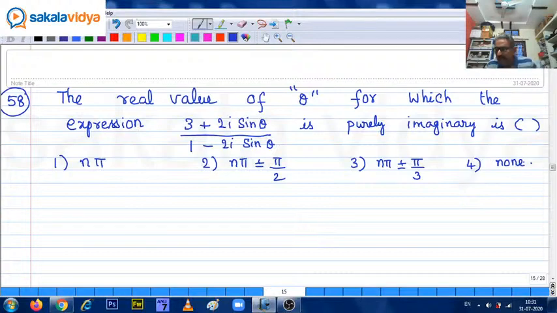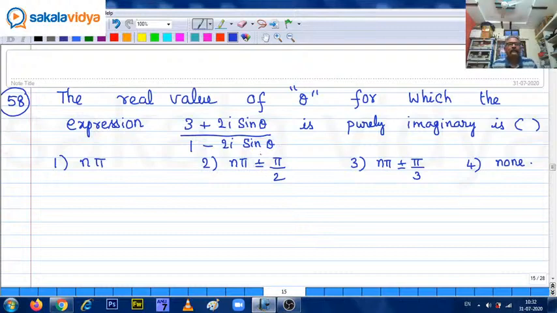Okay. We need to find the real value of theta if the expression is purely imaginary. If the expression is purely imaginary, its real part is 0. Now the real part needs to be equated to 0.